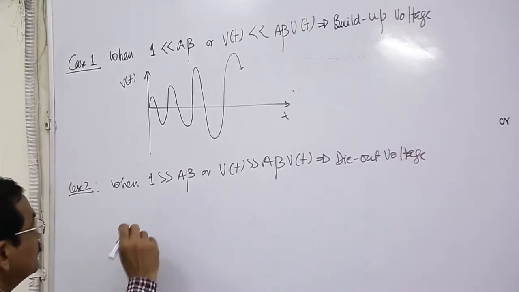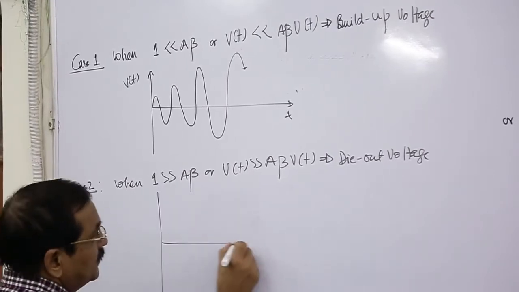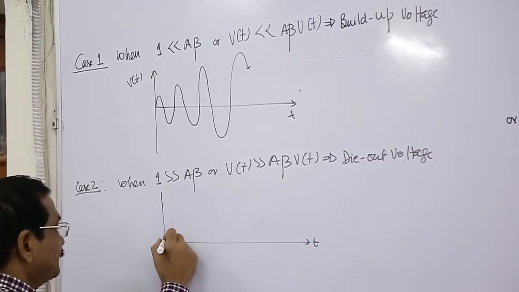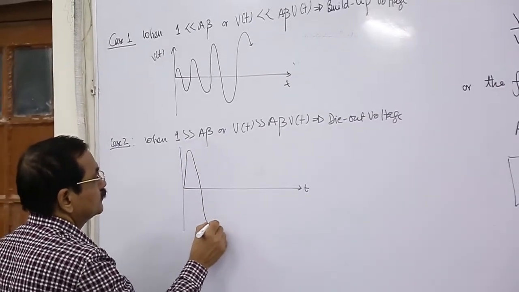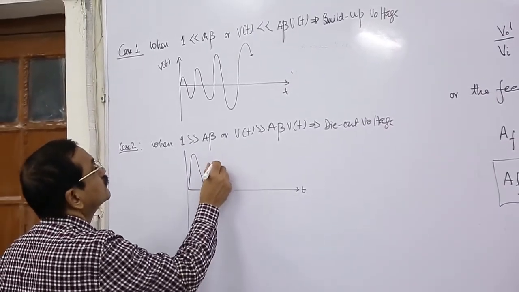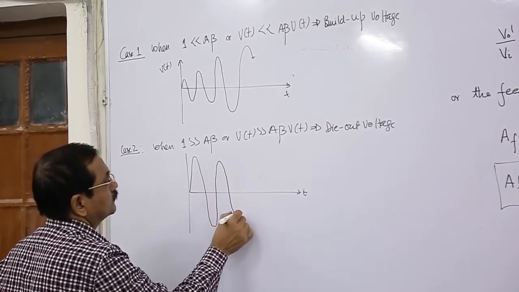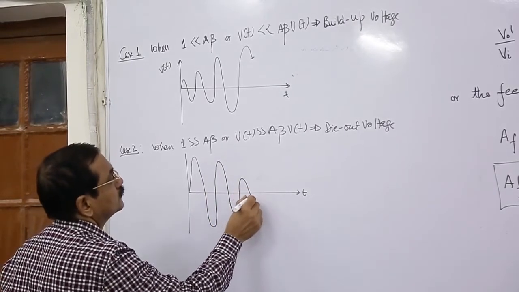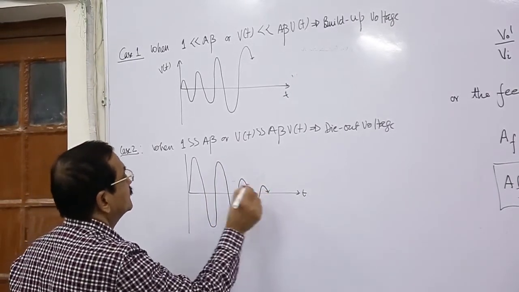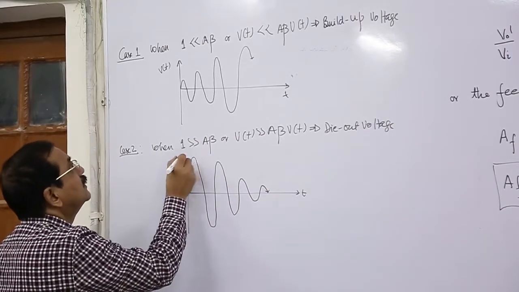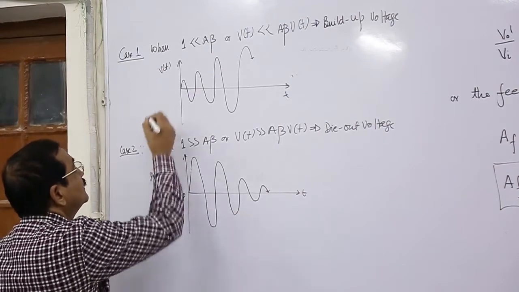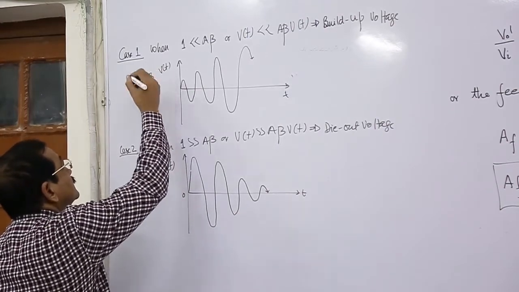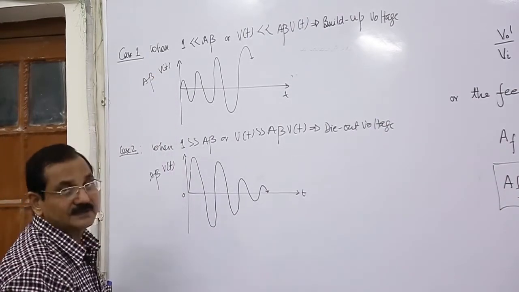Die out voltage means we have this kind of voltage, that is Vt, A beta Vt.